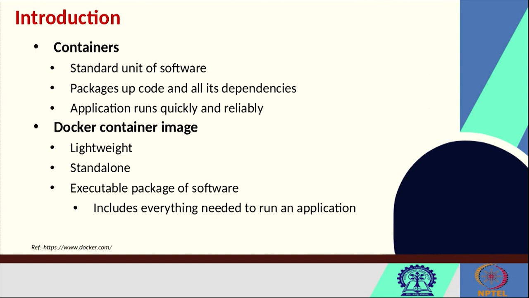When we talk about Docker, a Docker container image is a lightweight, standalone, executable package of software that includes everything needed to run the application. The basic concept is that the Docker engine should be installed at the destination system or systems. The Docker image can then be placed over it and it just starts running.